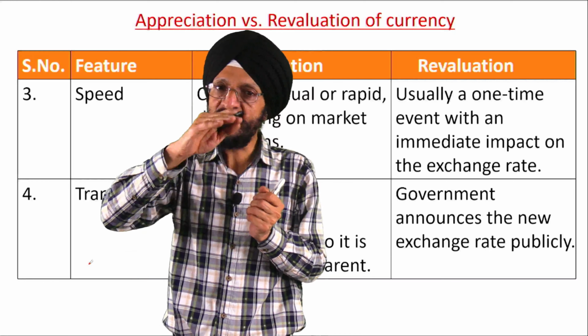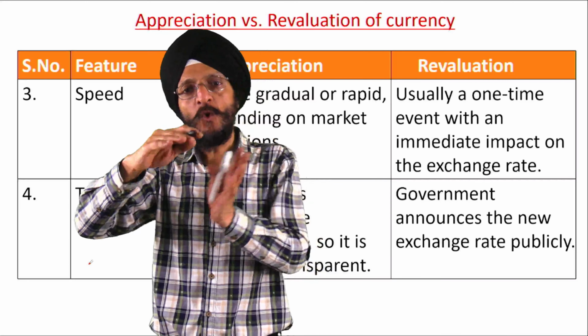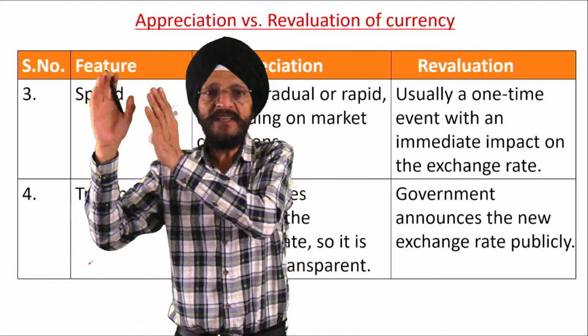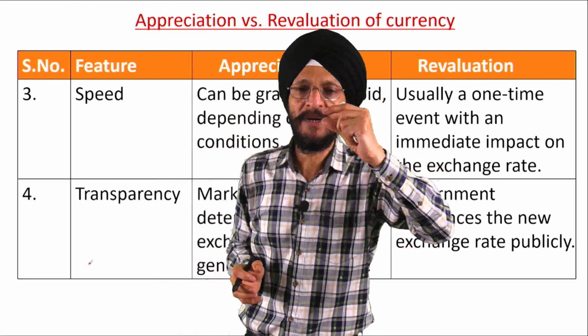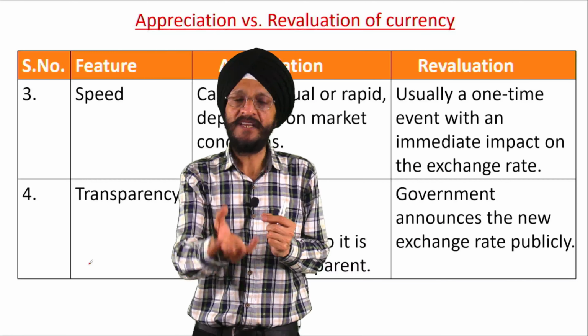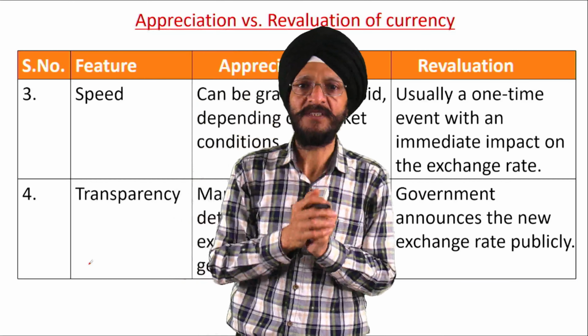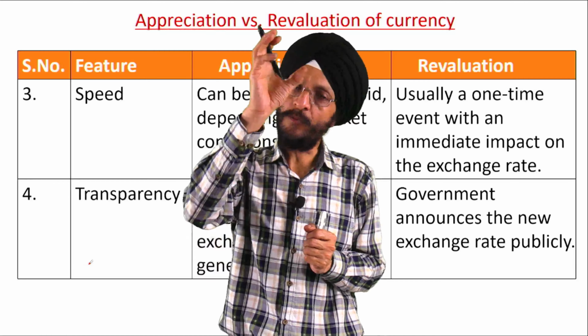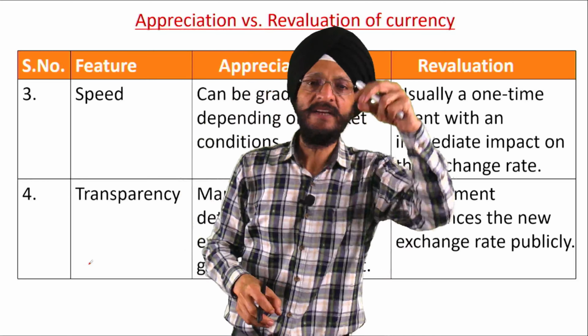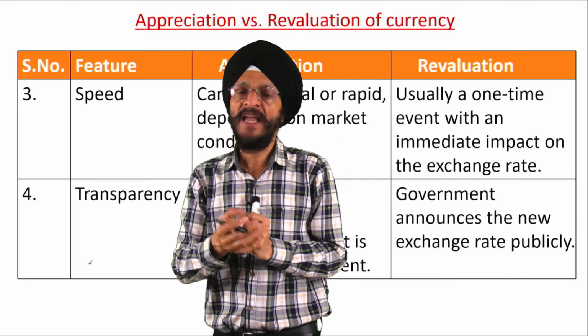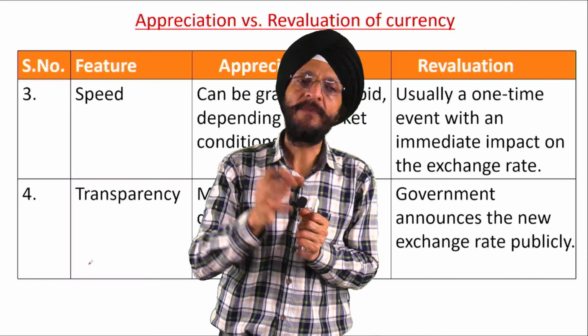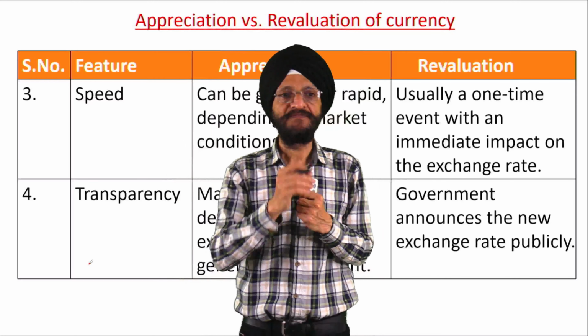But in the case of revaluation of currency, it is a one-time event. The government may decide that it is increasing the value of its currency by, say, 10%. It is a one-time event. The government has decided today and it will have an immediate impact on the exchange rate as decided by the government or the central bank of the country.